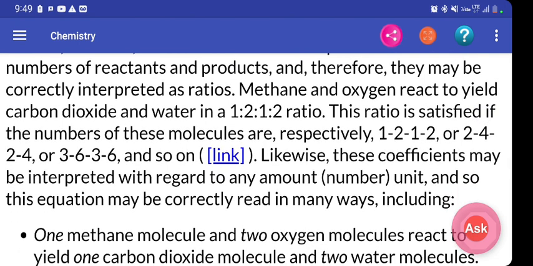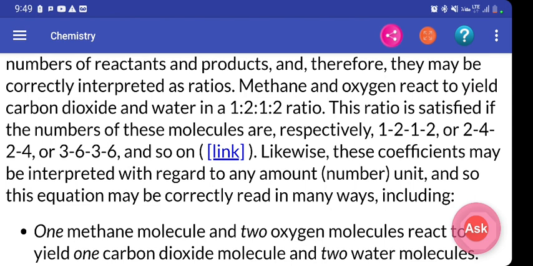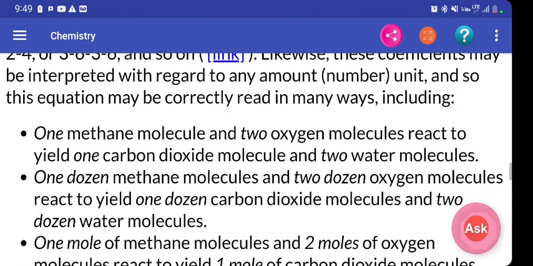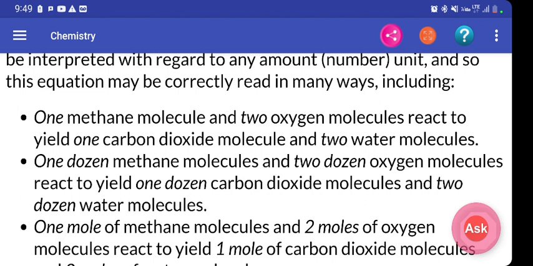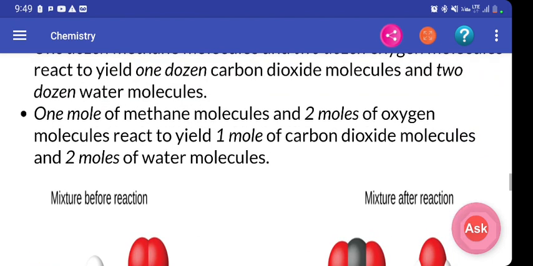Likewise, these coefficients may be interpreted with regard to any amount unit, and so this equation may be correctly read in many ways, including: one methane molecule and two oxygen molecules react to yield one carbon dioxide molecule and two water molecules; one dozen methane molecules and two dozen oxygen molecules react to yield one dozen carbon dioxide molecules and two dozen water molecules; one mole of methane molecules and two moles of oxygen molecules react to yield one mole of carbon dioxide molecules and two moles of water molecules.